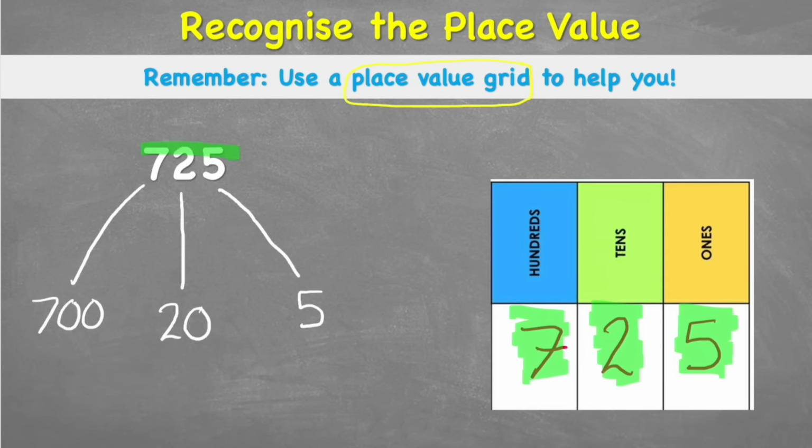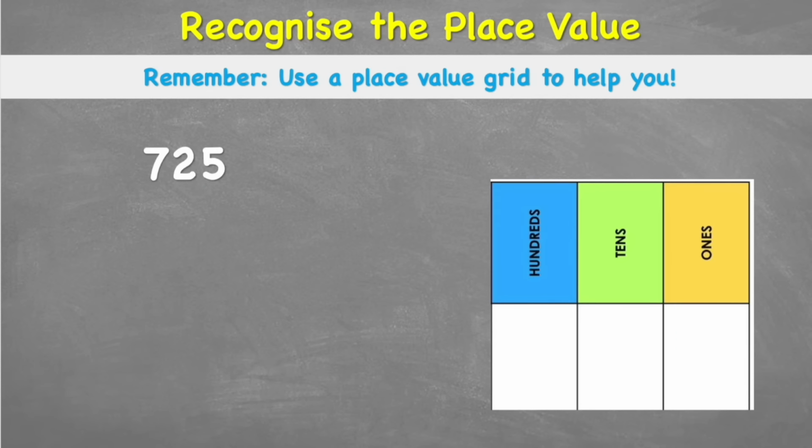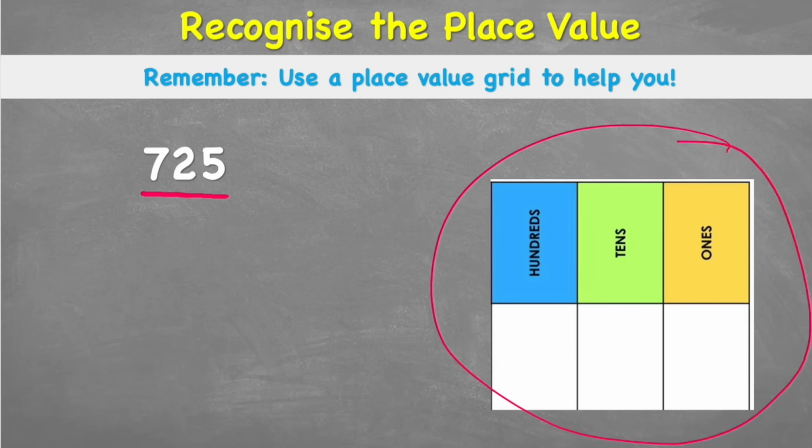So 725 has the same value as saying 700 add 20, add 5. So what we can do is just look at our 725 and create our own place value chart above it. We can say I have 5 ones, 2 tens, and 7 hundreds.